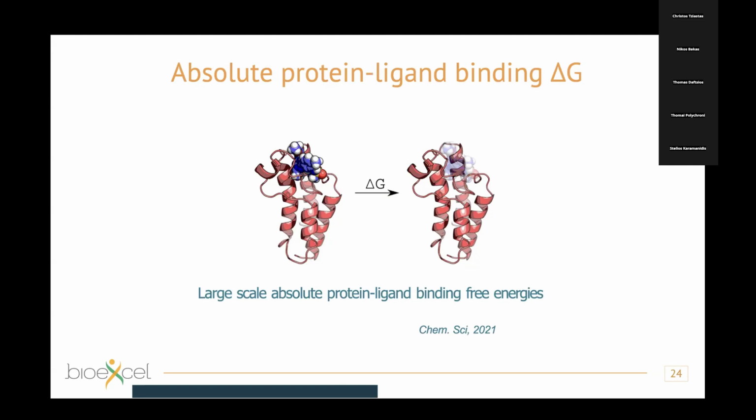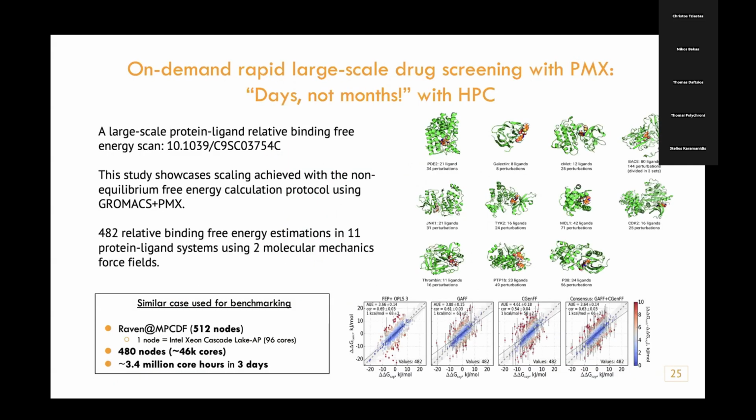What is usually very difficult and very valuable in free energy calculation is to be able to calculate the absolute protein-ligand binding. And for that, you need to be able to calculate it with a very big precision. So quite some time ago, we did a very large simulation testing.